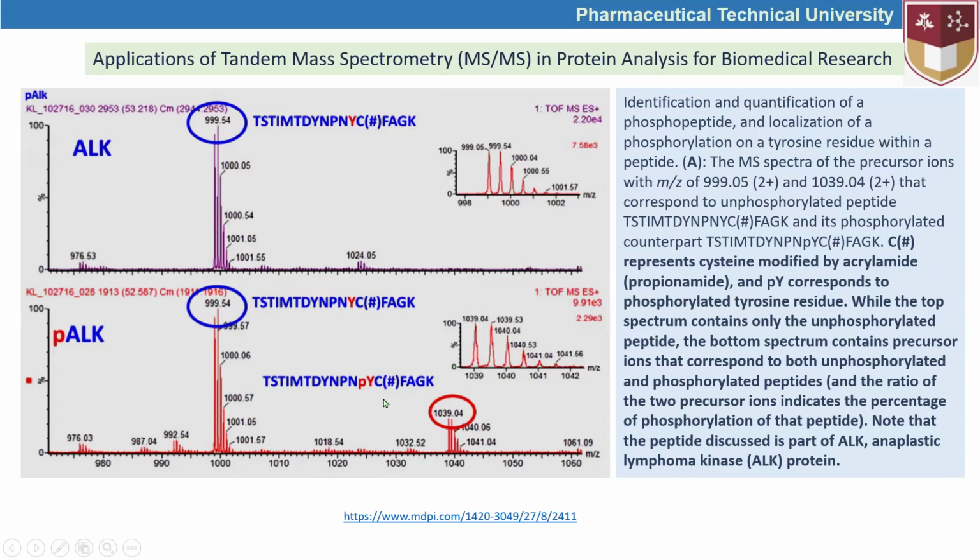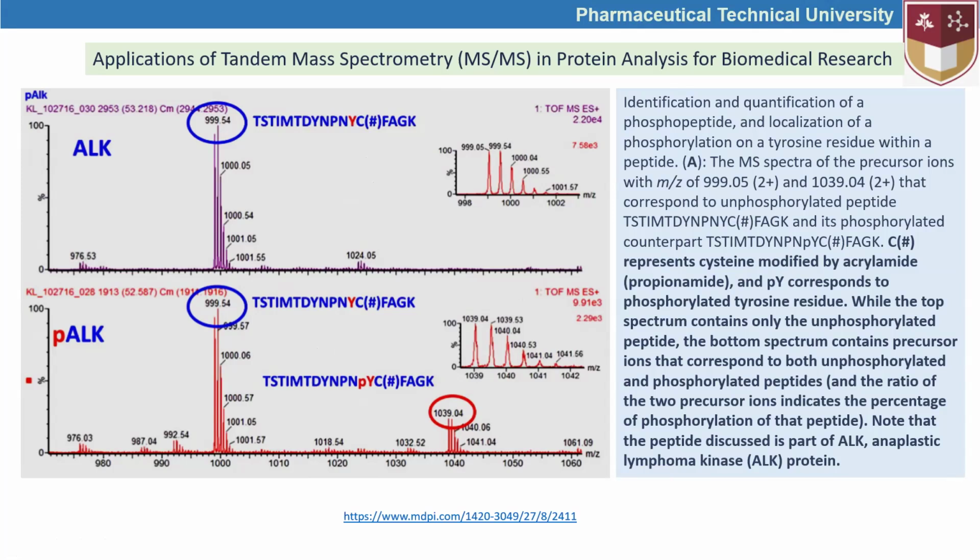What the authors want to say is that the mass spectra of the precursor ions with 999 plus 2 and 1039 plus 2 correspond to the unphosphorylated peptide, this one, and its phosphorylated counterpart, this one.